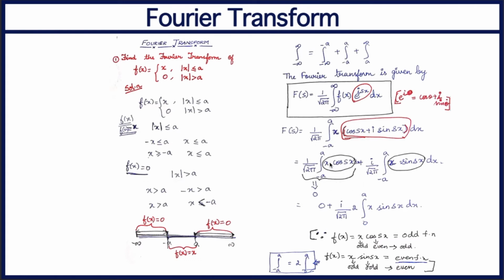Because minus a to a is a definite integral. What is x actually? It's an odd term. X is nothing but an odd term. What is cos? Cos is an even term. Odd into even is an odd function. If a function is an odd function, for the integral minus a to a, it will become 0. That's why I have written it as 0.